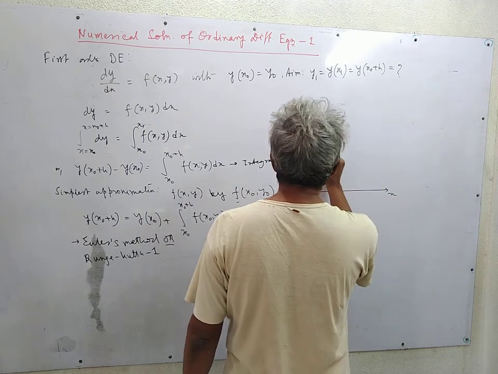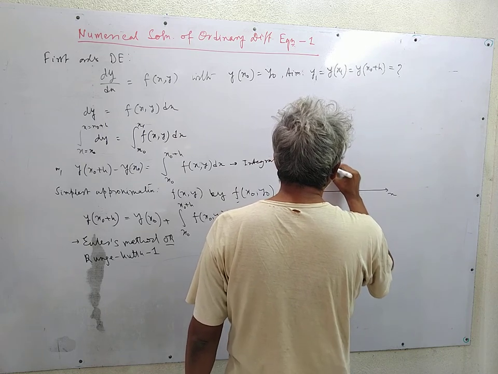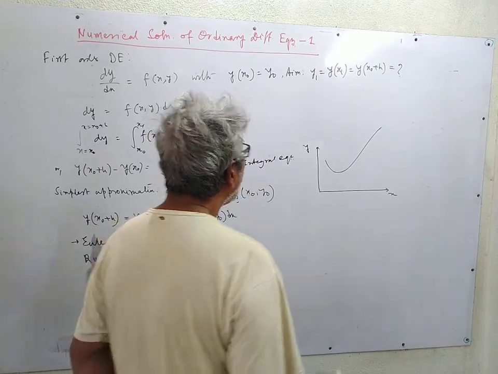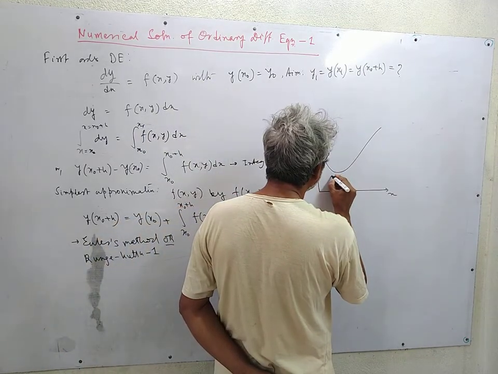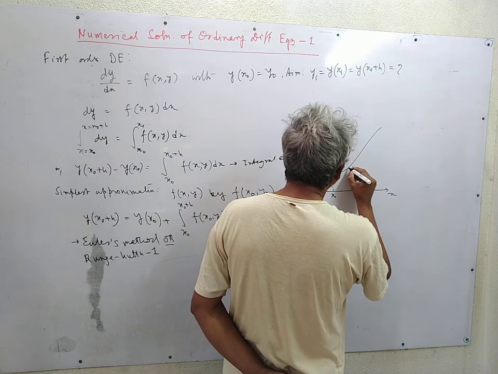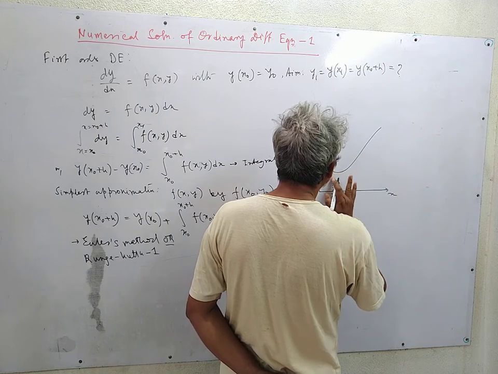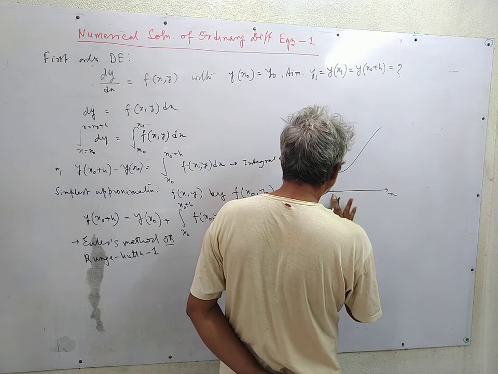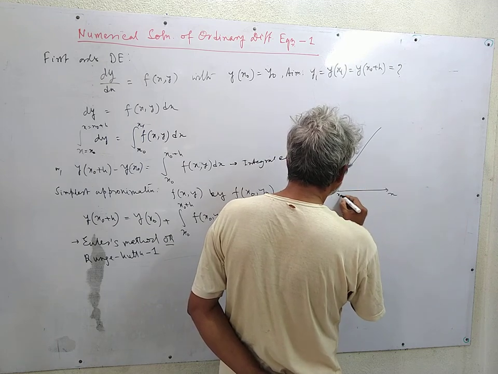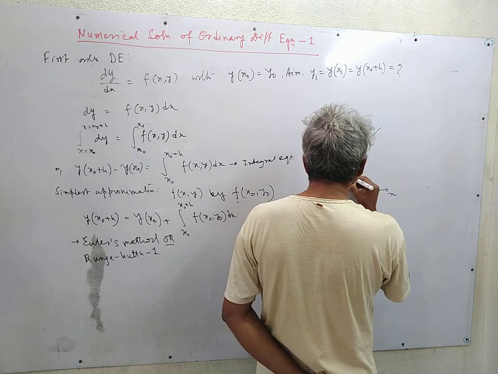This is X, this is Y. Let the graph be of this form. This is the Y curve. We have a value of X at X0. This is X0, and we have X0 plus H over there.